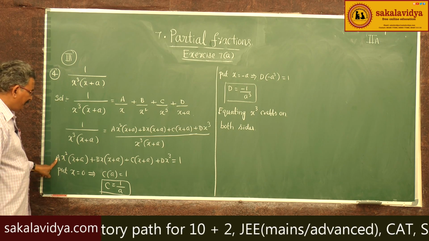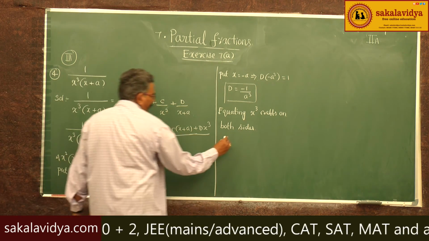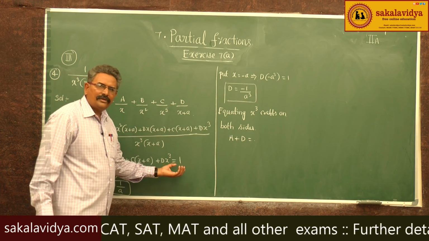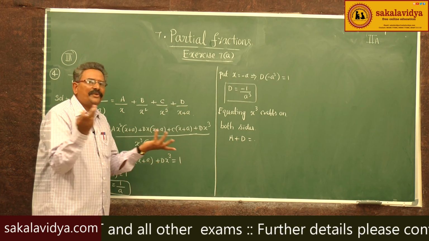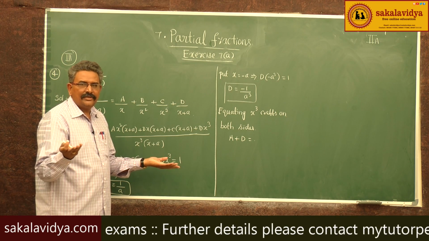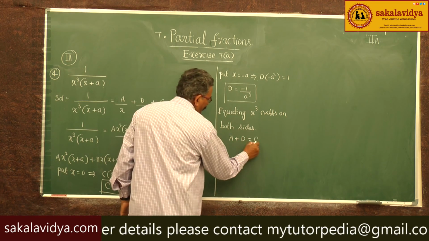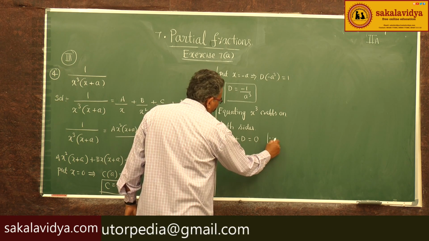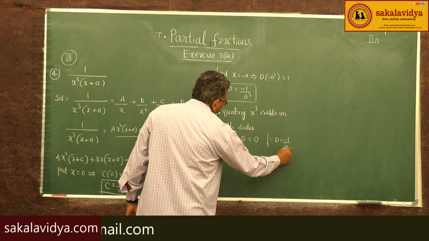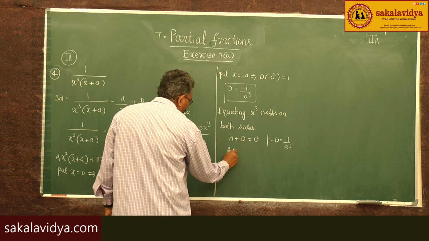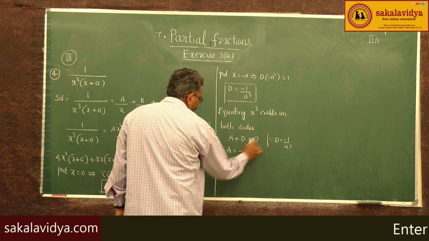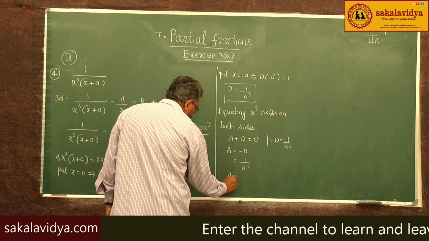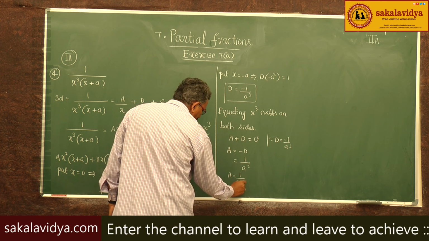So, a plus d. Quite obviously on the right hand side there is no x cube coefficient. So, 0. Now, we know the d value, since d is equal to minus 1 by a cube, a is minus d, minus of minus plus. So, 1 by a cube.